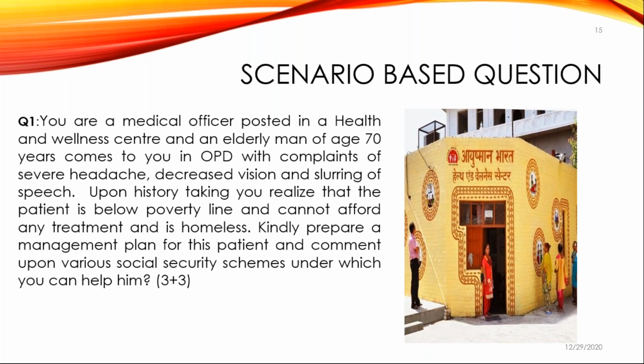Upon history taking, you realize that the patient is below poverty line, cannot afford any treatment, and is homeless. Kindly prepare a management plan for this patient and comment upon the various social security schemes under which you can help him.